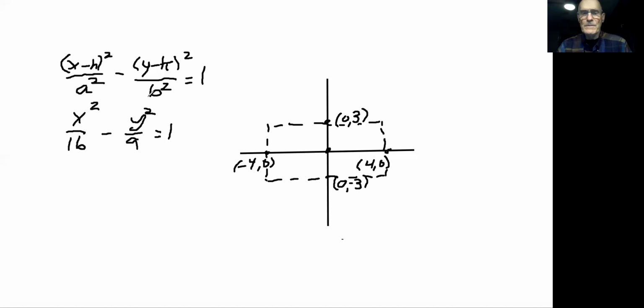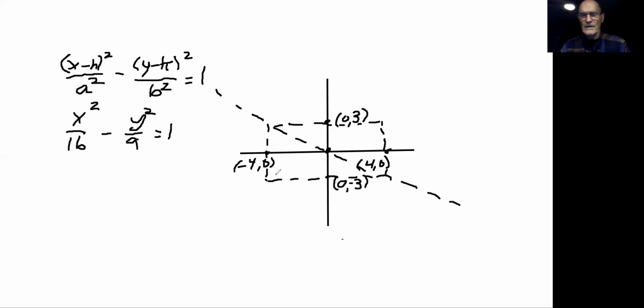Now, from this point, we draw our asymptotes. The asymptote helps us to draw the hyperbola. The asymptote comes through the corner of the rectangle and through the center of the hyperbola. So it comes down like this, through the center, and keeps coming down through the corner.